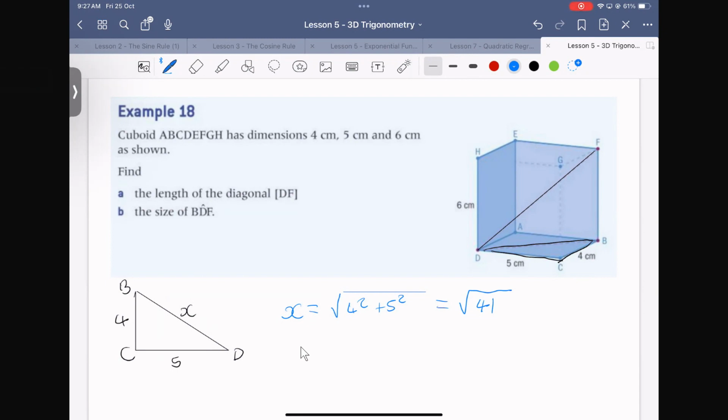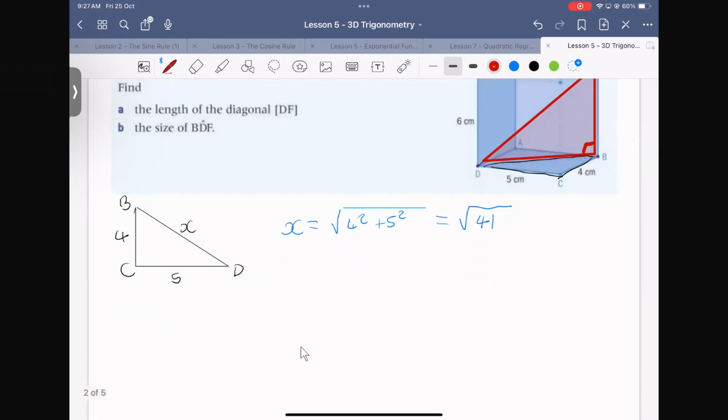So now we have to envisage the other triangle. Can we see this triangle here? I'm going for that length down there, and then across here. This is also going to be a right angled triangle.